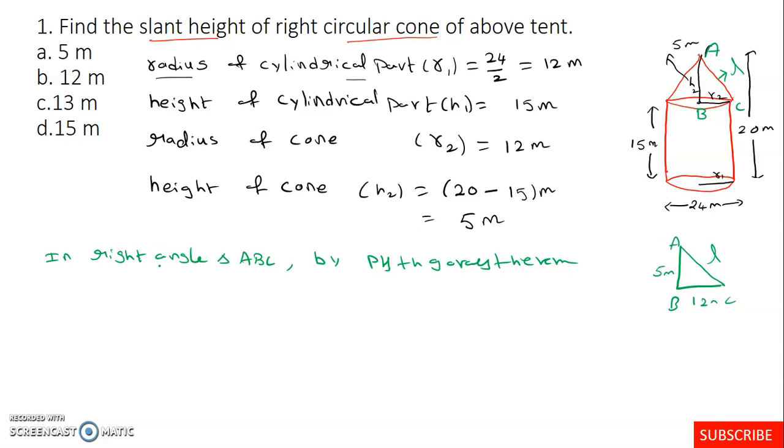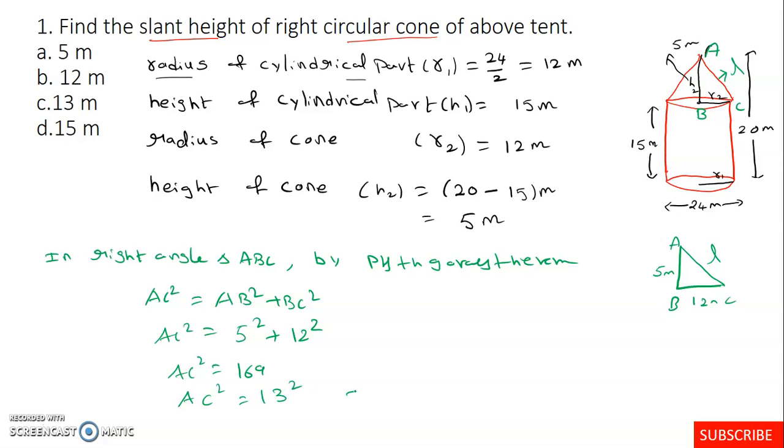You have to apply Pythagoras theorem. So, by Pythagoras theorem, AC square is equal to AB square plus BC square. AB means 5 square, BC means 12 square. It gives 169. So AC square is equal to 13 square.